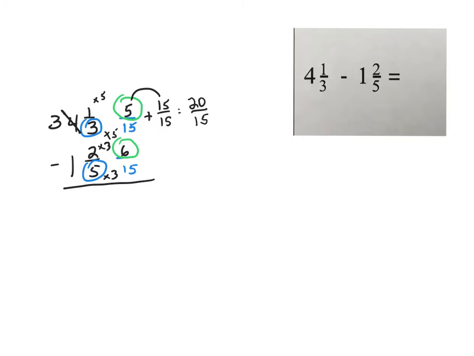Now we can subtract. So 20 minus 6 is 14 15ths. 3 minus 1 is 2. 2 4/15ths is your answer.